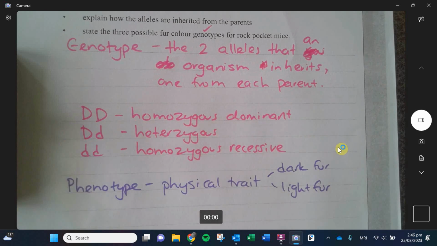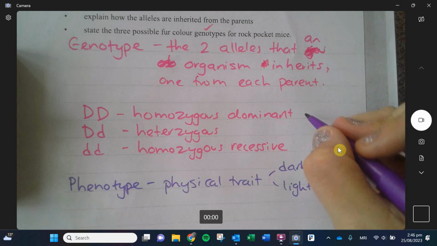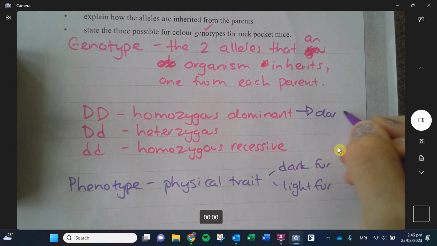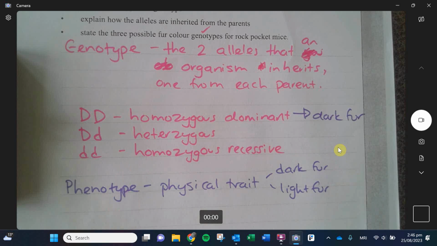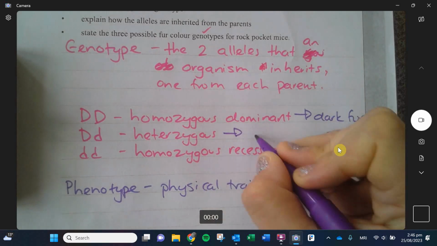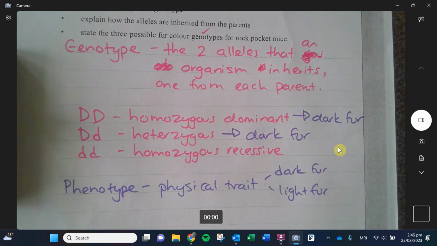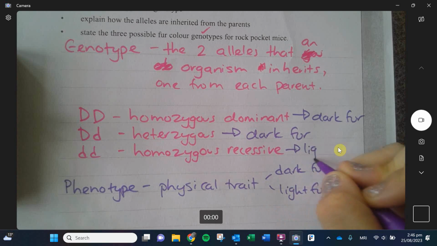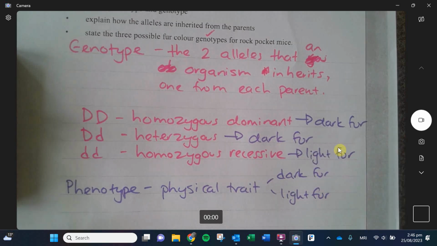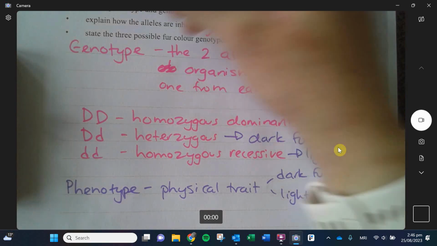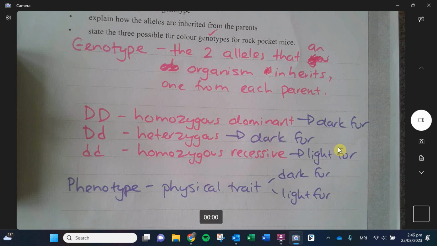If I am homozygous dominant, what color fur should I have? Dark. If I'm heterozygous, what should I have? Dark as well. If I'm homozygous recessive, like what? Light. Cool, we've given our definitions and we've given the possible genotypes. Tied it all together.